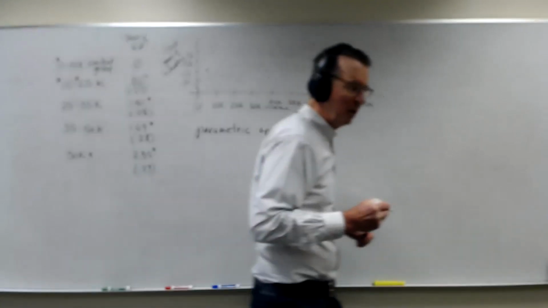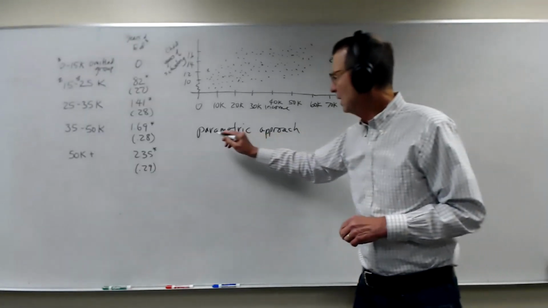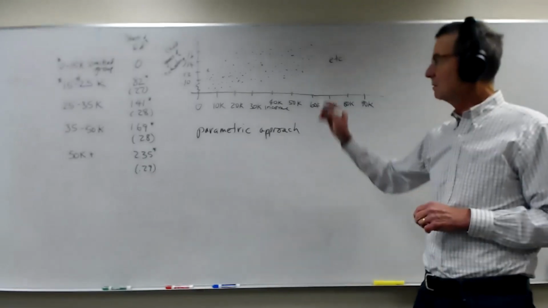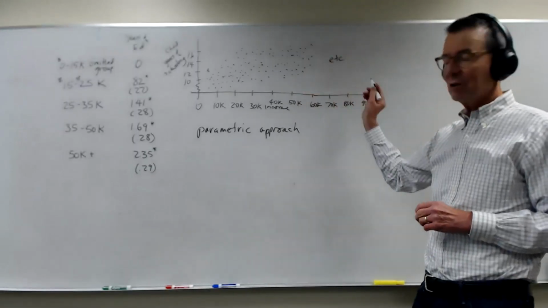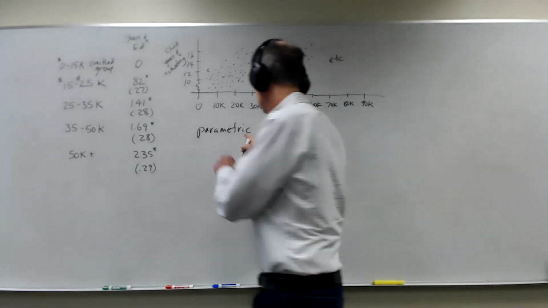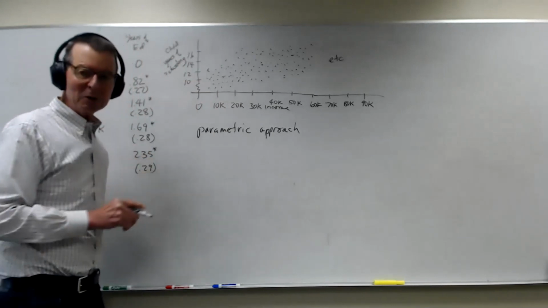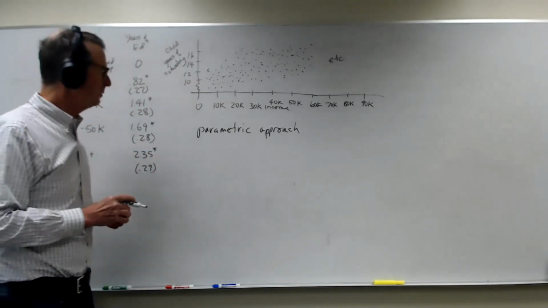And what that means is that you're specifying a functional form and getting the parameters, a slope, a changing slope, from that functional form. But you've got to specify what that functional form is. You could specify a bunch of different ones.